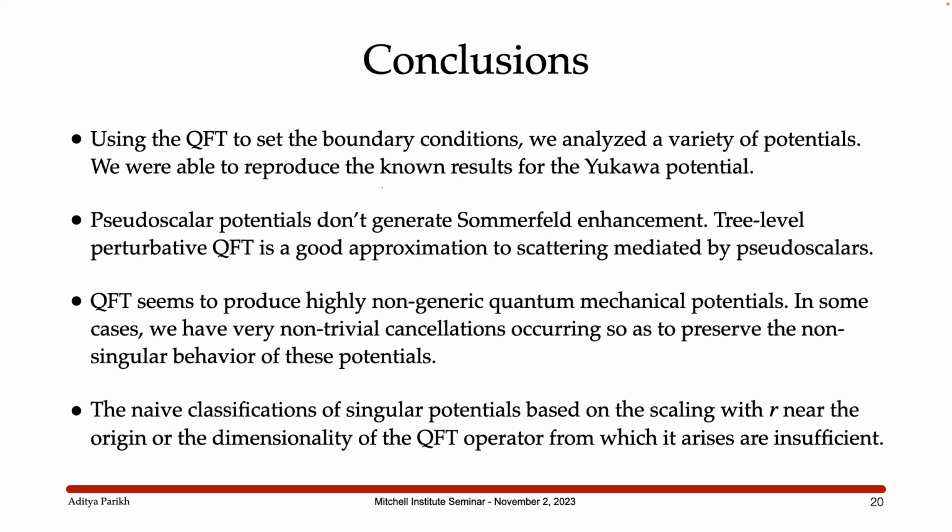More broadly speaking, one thing I didn't talk about was the axial vector potential, but you can do a similar analysis. And basically, for axial vectors, if you're working in the pure axial vector limit, where you've decoupled the scalar Higgs mode that comes along in those theories, then you also don't generate any Sommerfeld enhancement.